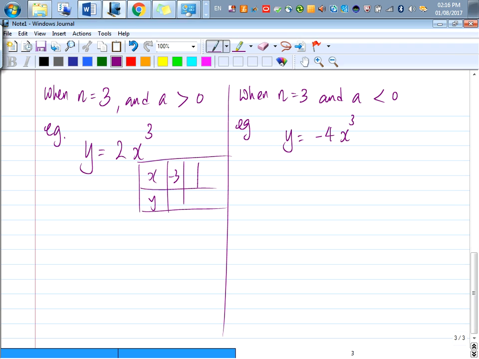Try -3, -2, all the way until 3. -3, -2, -1, 0, 1, 2, 3. Find the x and y values. Then plot it out. Once you're done, go on to the other graph as well.